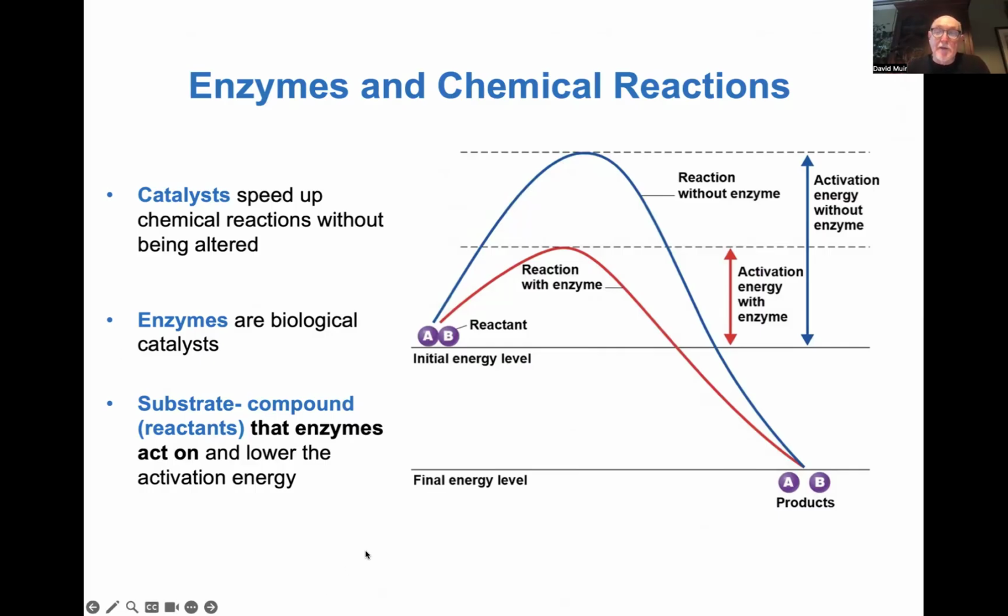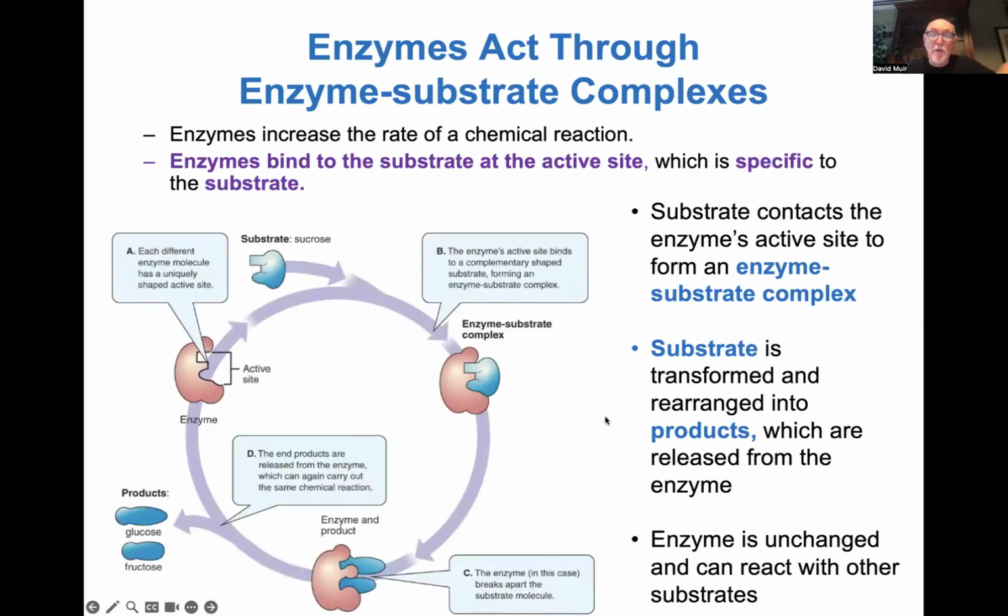So the enzymes are going to interact with the reactants, and they're going to end up facilitating the production of a product. And they do so by lowering the energy of activation that is required for those chemical reactions to occur. So this is the way in which enzymes actually operate.